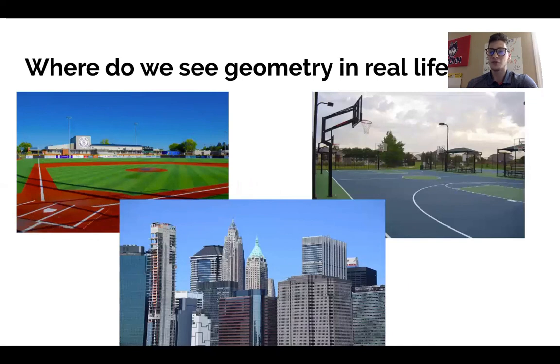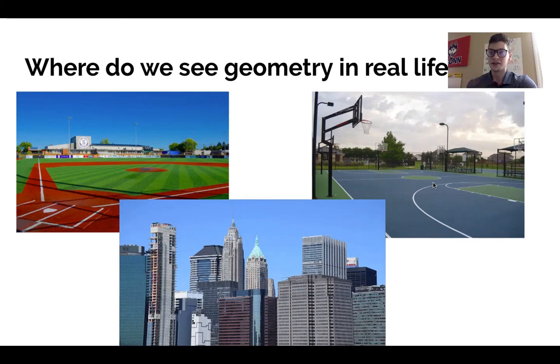So here we have 3 different examples of geometry in real life. These were just examples that came to mind right away for me. Up here, we've got a baseball field, often referred to as a baseball diamond, with various shapes within that field. We've got a basketball court, okay? Right away, I can see the court itself is a rectangle. I see that at mid-court, we have a circle.